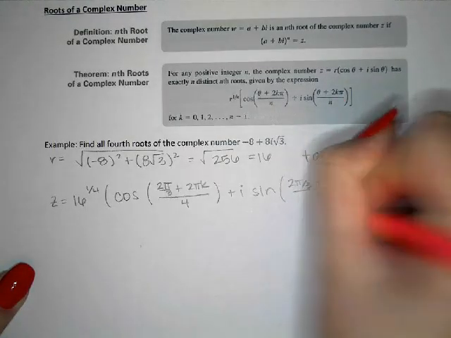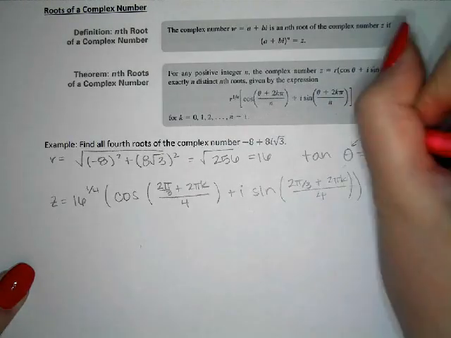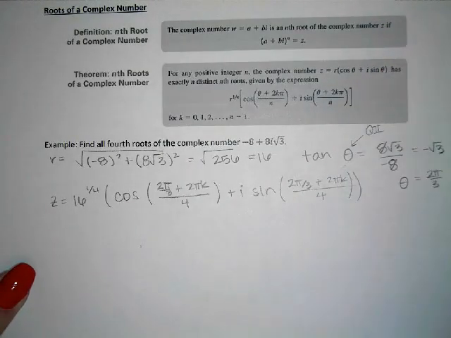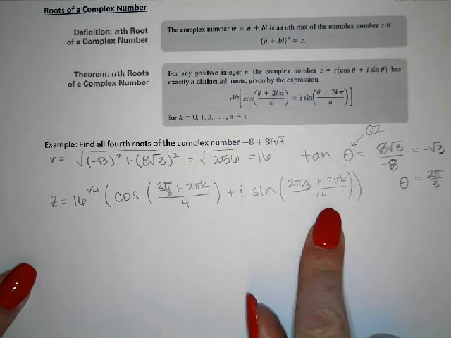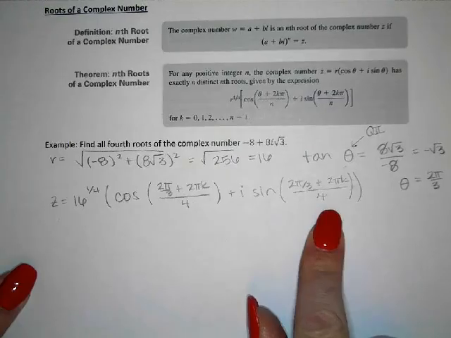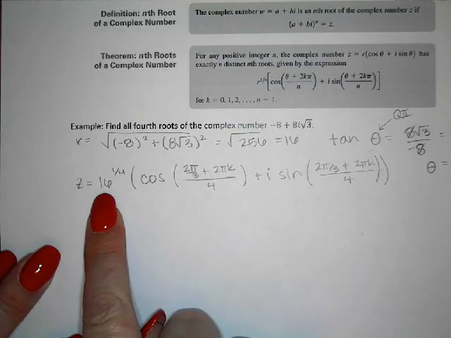I'm going to write this note over here. I don't want to lose it completely since these are my notes. Okay, so here's my complex number. And then I'll go ahead and simplify this. So 16 to the 1/4, or the fourth root of 16, is just 2.